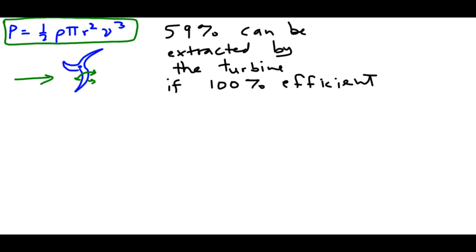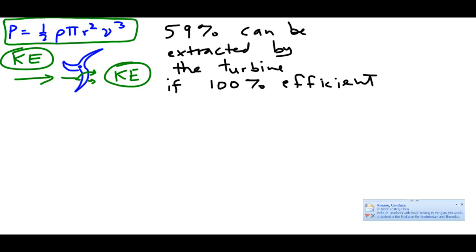And that means that while it has kinetic energy before striking the blade, in order to actually turn the blade, it has to have some kinetic energy at the end after passing over the turbine. If the wind were to just stop, it wouldn't get split by the blade, and it wouldn't cause that blade to turn.